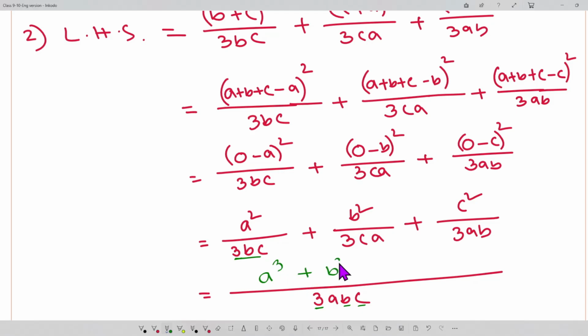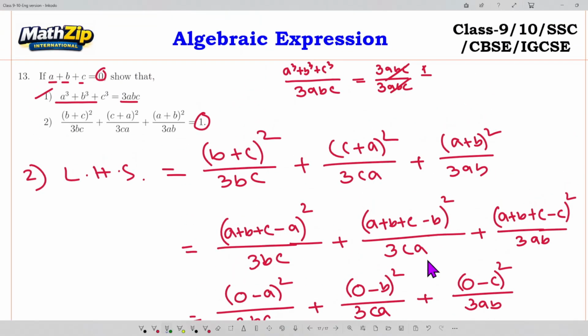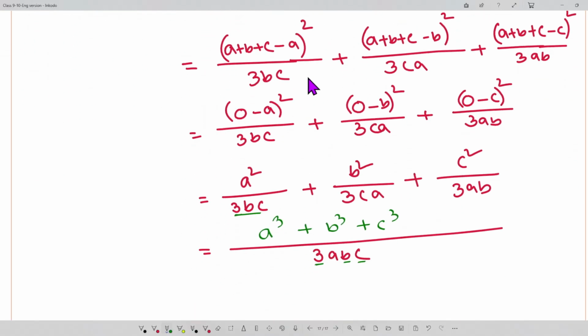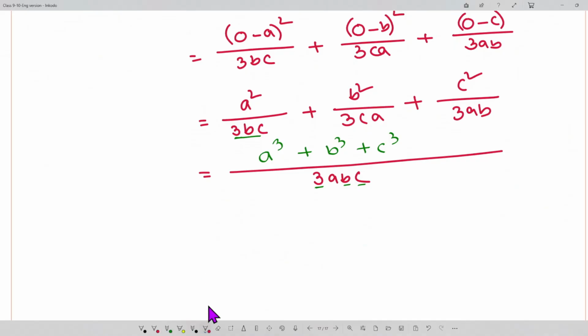Similarly here is b cube, similarly here is c cube. Now from 1 we get a cube plus b cube plus c cube equals 3abc, right? So we can write 3abc divided by 3abc will be 1.